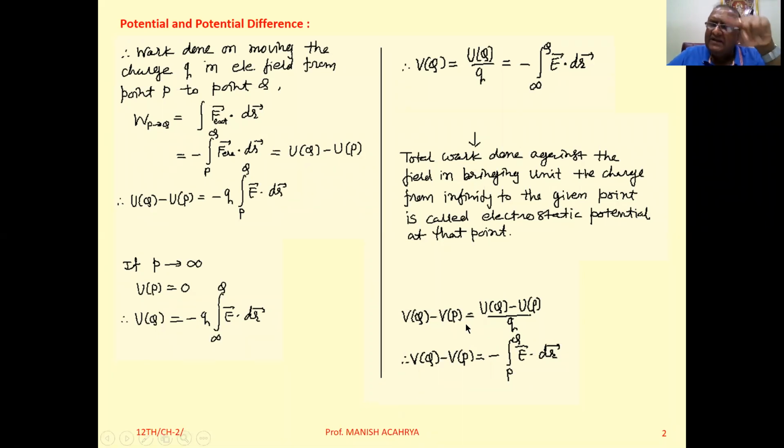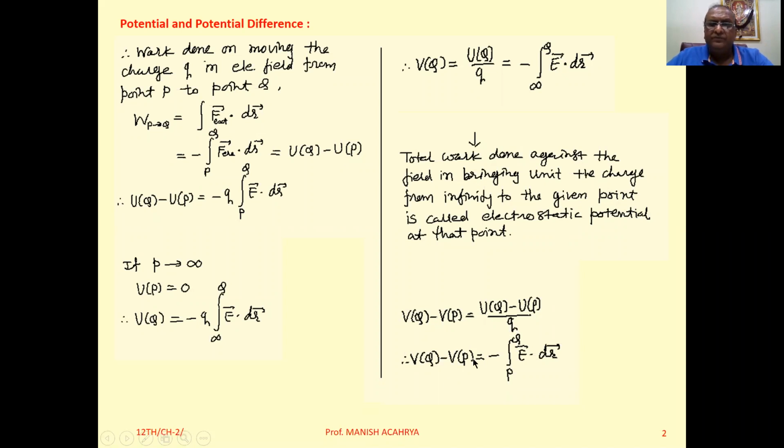So VQ minus VP is the electrostatic potential difference between the points P and Q. So we can write VQ minus VP is equal to UQ minus UP upon small q.